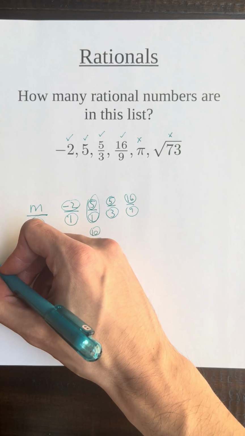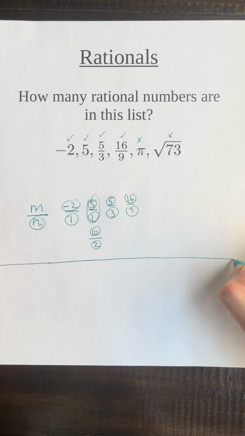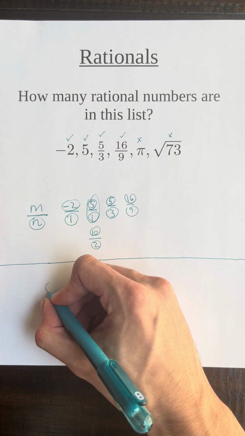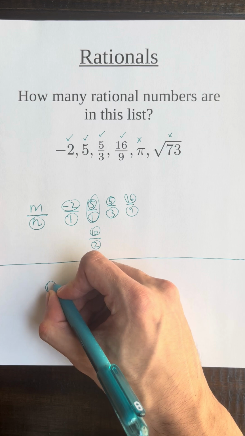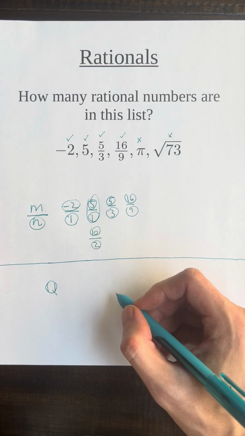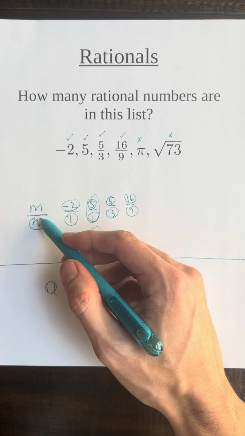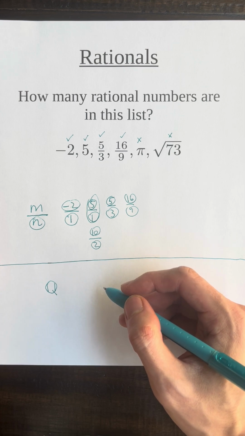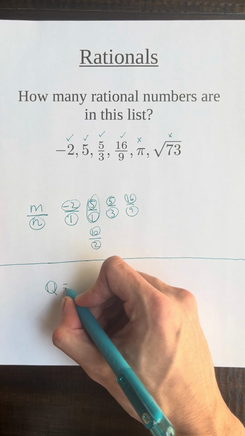Okay, now I'm going to give you a follow-up question, but before that, I want to formally define Q. So what's Q? Basically, if I were to take every rational number that exists and put it into a set, this is what the set would look like.